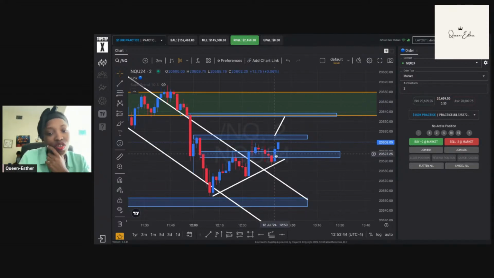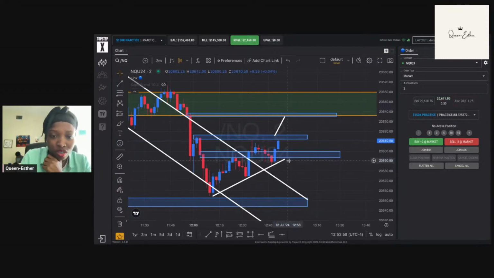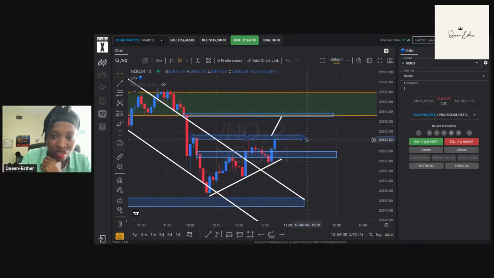Again, this is actually a 1, 2, 3 engulfing. What did I say? No, look, you see, price came and touched right here. All right. Will the price continue up there?